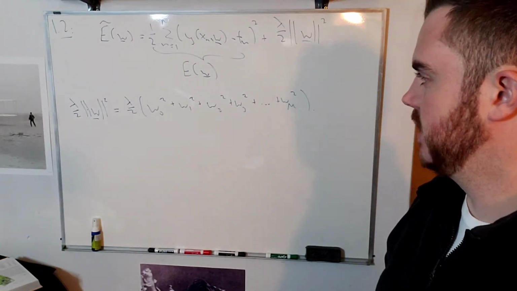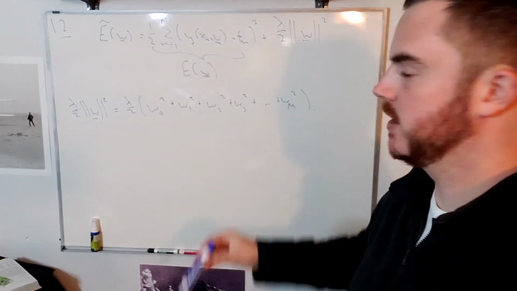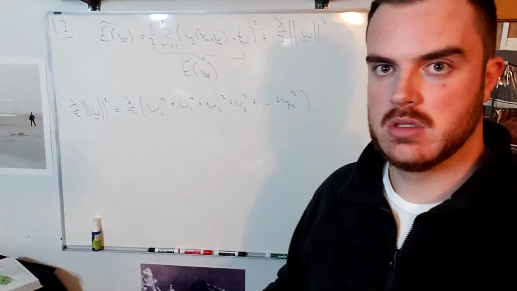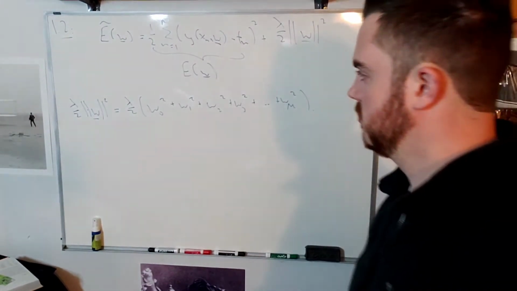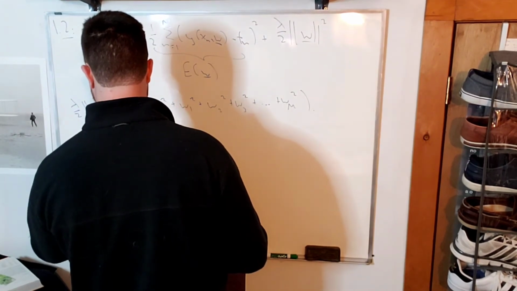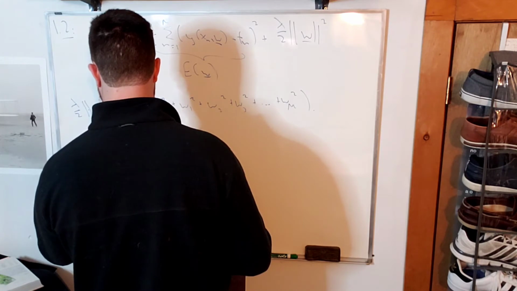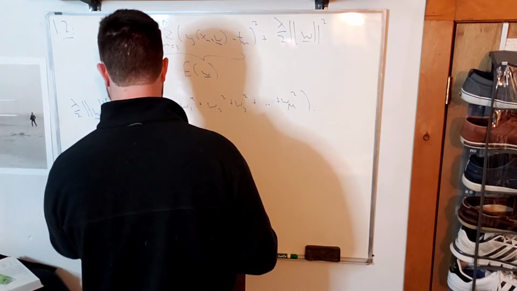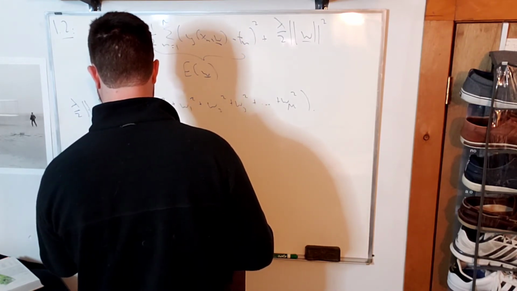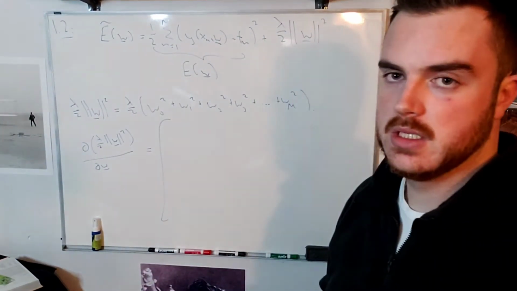So yeah, taking the gradient of this with respect to the parameter vector, again, you'd be writing it as a vector.